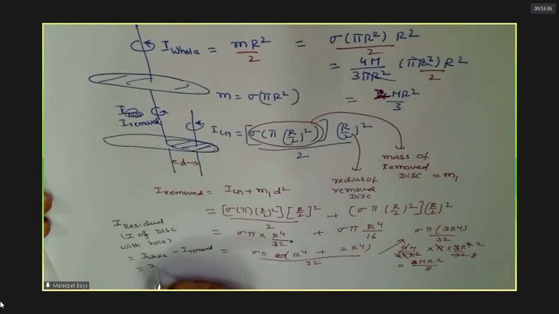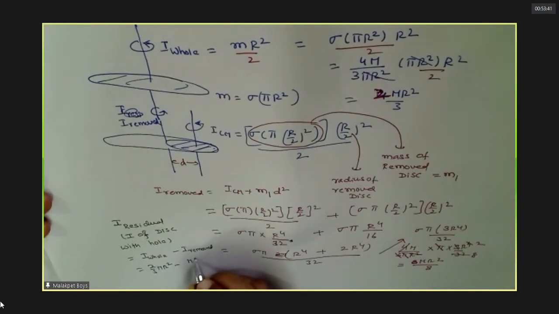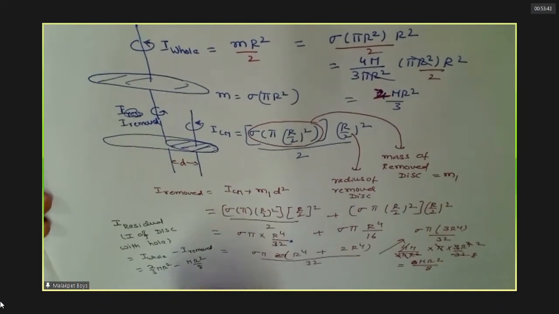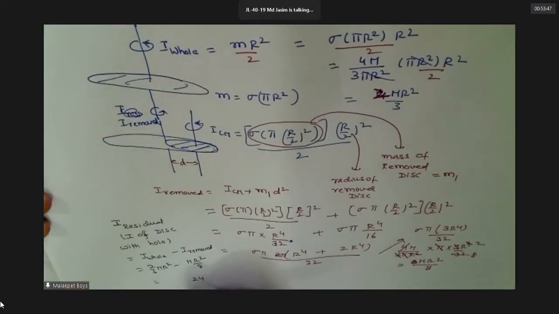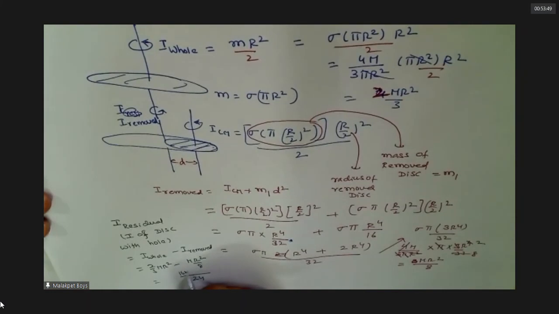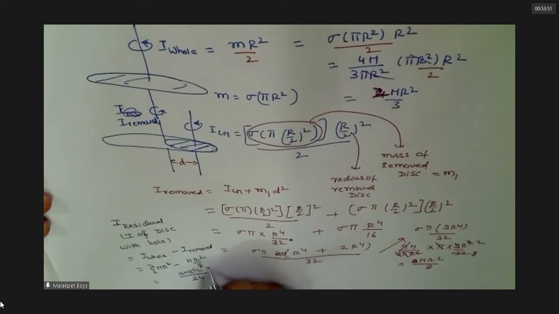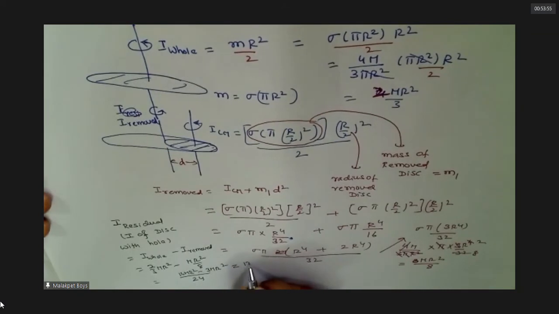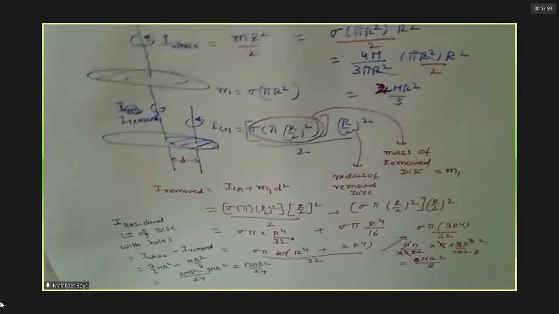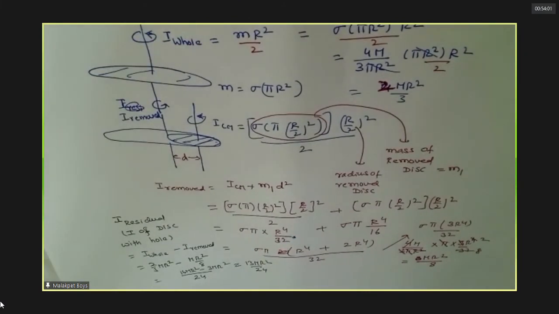This is how much? 2 by 3 mr square minus mr square by 8. Am I right? Right, sir. You'll be getting this.